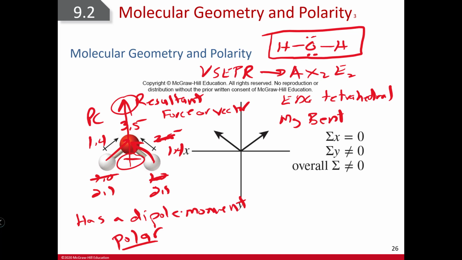So again, if you do the cosine of this angle and the cosine of this angle, overall there is a force going up in this direction. That's the resultant force. That's why they say the summation is not equal to 0. It's greater than 0. And so therefore this molecule is polar.